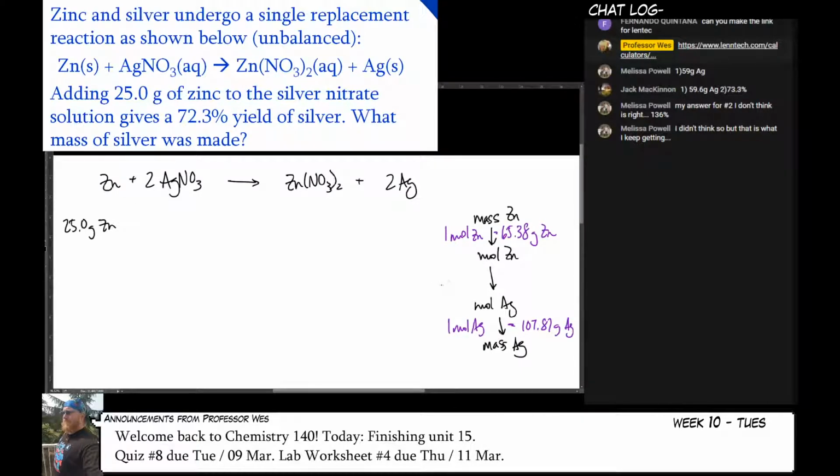And then finally, for the ratio of moles of zinc to moles of silver, for every 1 zinc, I get 2 silver, thanks to the balanced chemical equation that we got here. We'll do the stoichiometry.